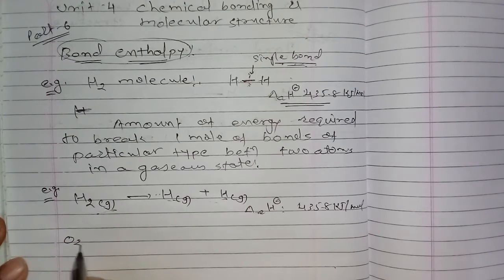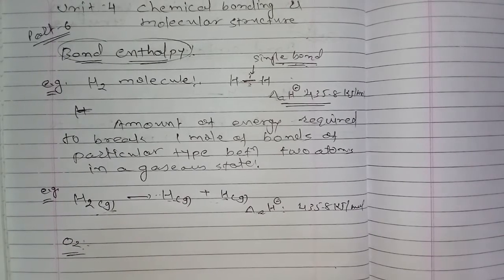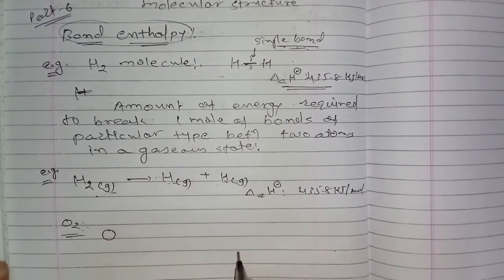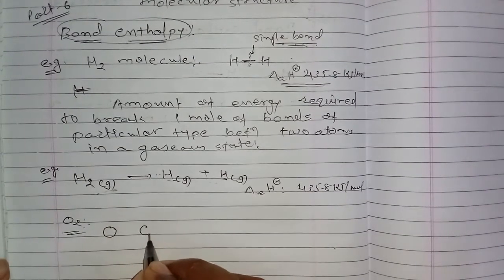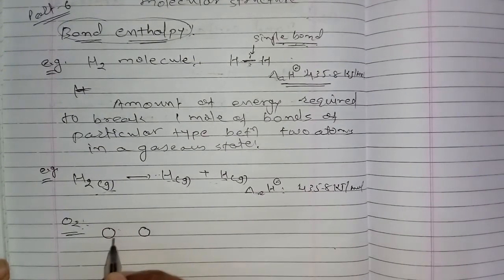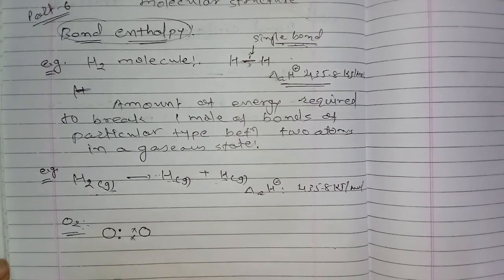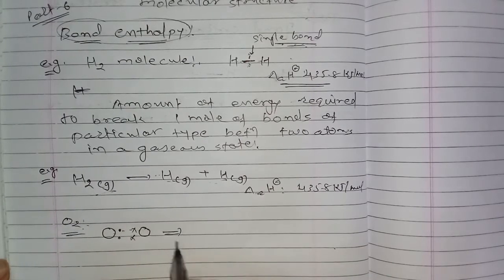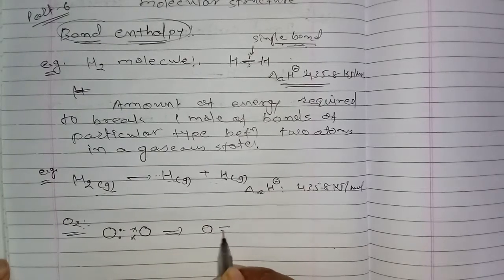Another example: the oxygen molecule is formed between two oxygen atoms. Oxygen has 2 unpaired electrons, and they share 2 electrons and form a double bond.